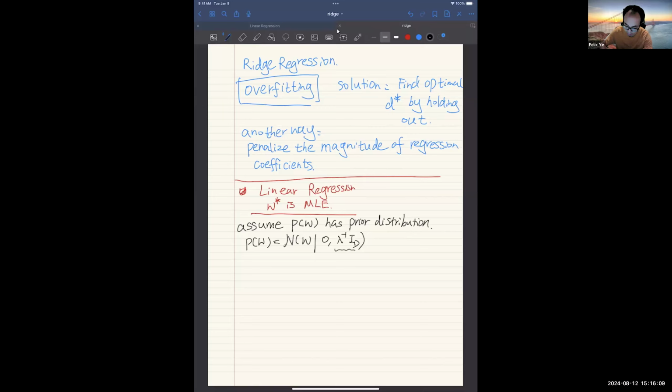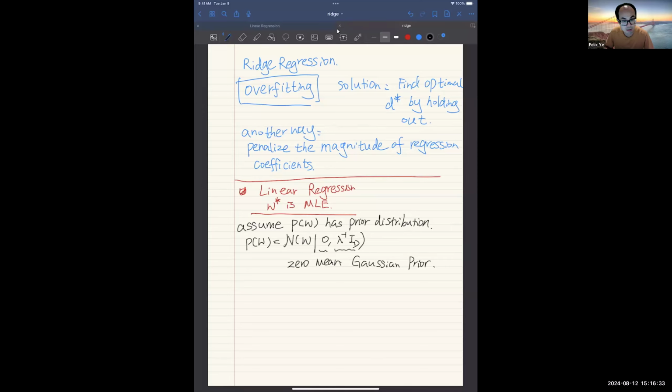So this is the covariance, this is the mean. This is my prior distribution, a zero mean Gaussian prior.